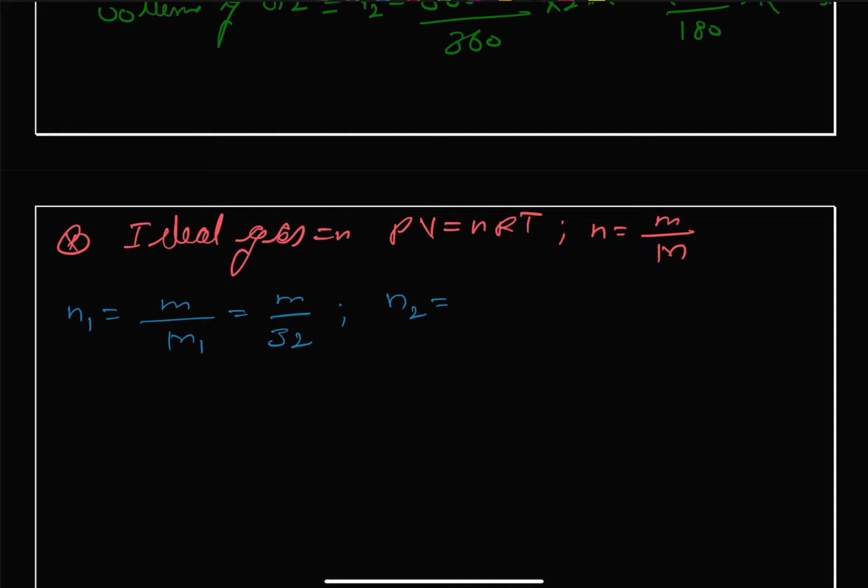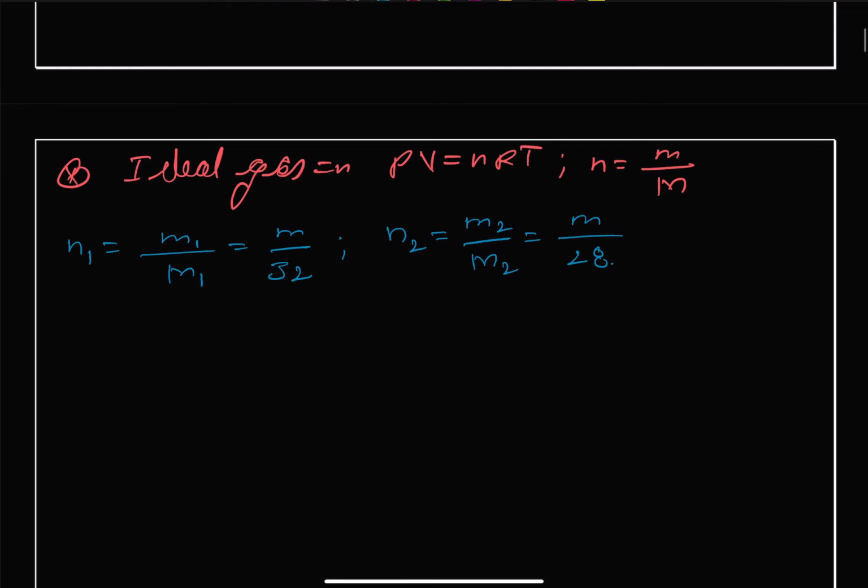Similarly, we can write this as our N2, and let me write this as M1. So this will be our M2 upon capital M2. This will be coming as M upon 28. And we can write the equation for the pressure.